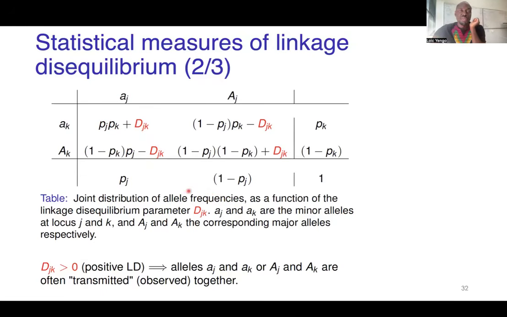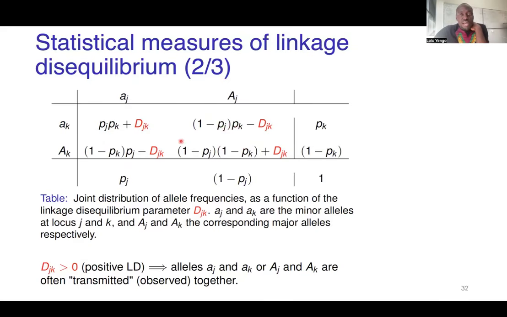The probability of observing together allele J and allele K, if they are independent, is just the product P_J times P_K. And the same thing if we want to observe capital A_J with small a_K: the frequency of capital A_J is 1 minus P_J, times the frequency of a_K, which is P_K, right?